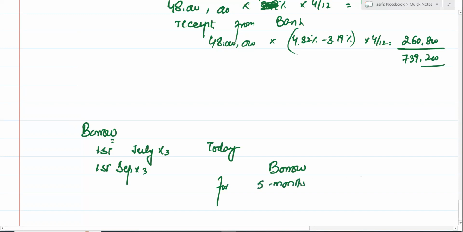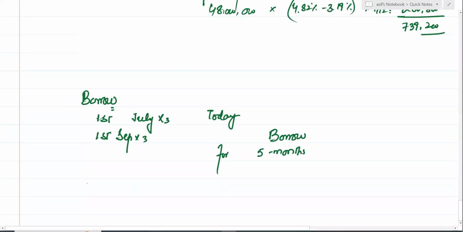So how will you quote it? FRA, how will it be quoted from today's date? How many months? July, August, 2. And you have been given the duration. So 2 plus 5, it will be 7.